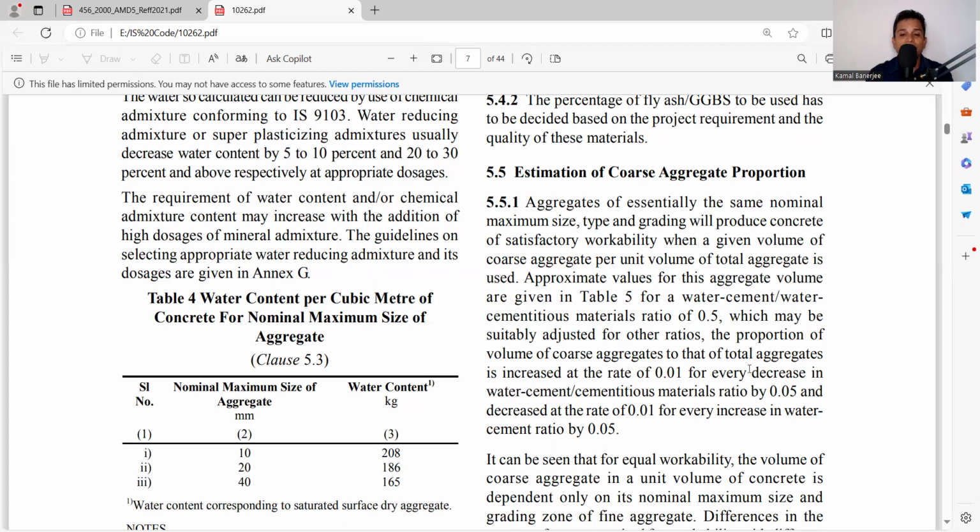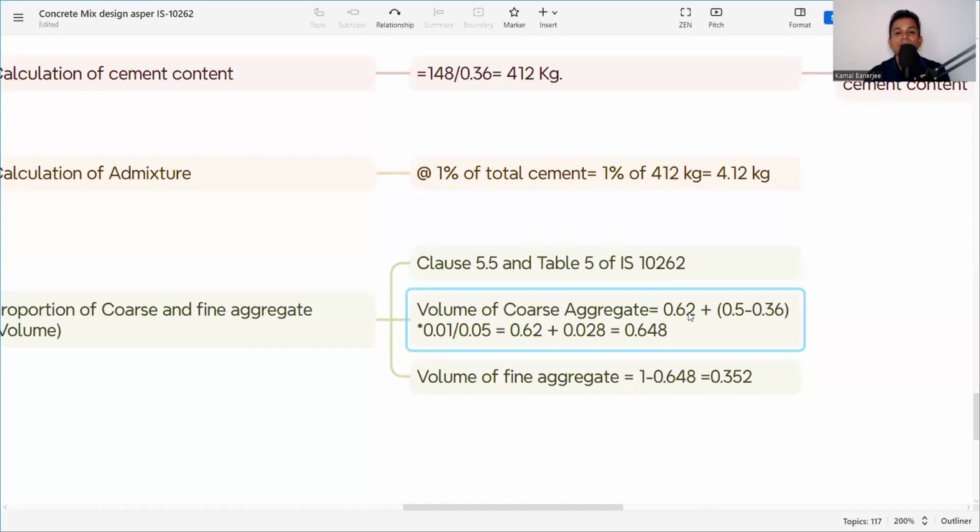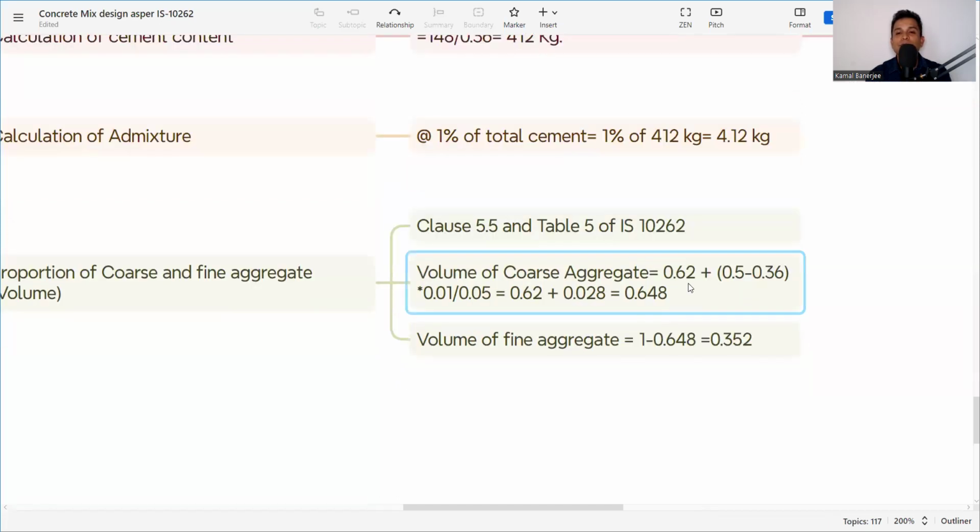So आप देखते हैं कैसे इसको calculate करते हैं. Again, go to my mind map. Okay, see, we are getting 5.5. Now we have to find the volume of coarse aggregate. See, 0.62, for 0.5 versus 0.36. That means कितना decrease हो रहा है, 0.14, और कितना रेशियो है 0.01 per 0.05 of water cement ratio.